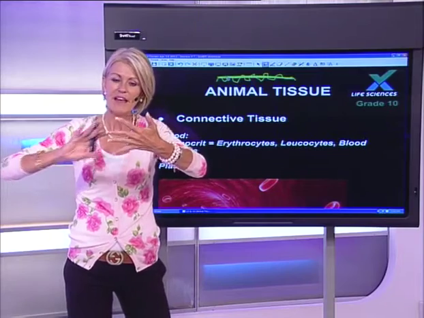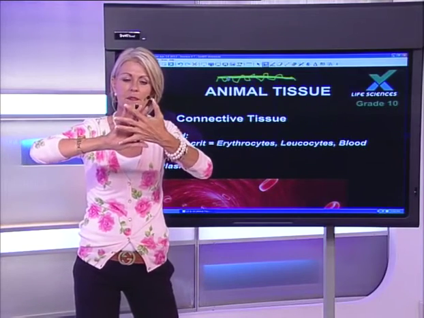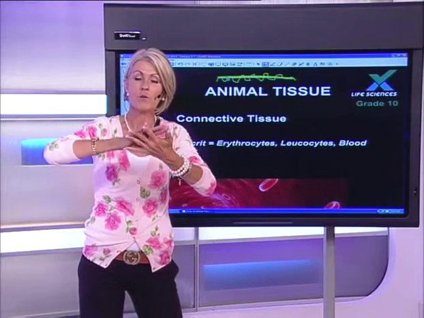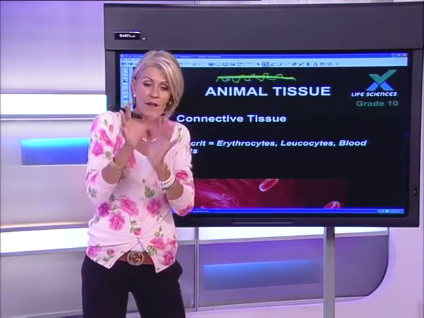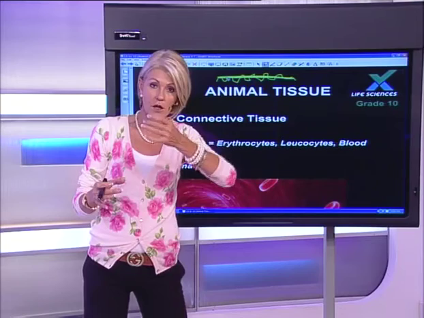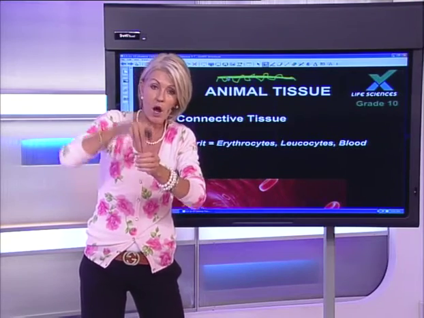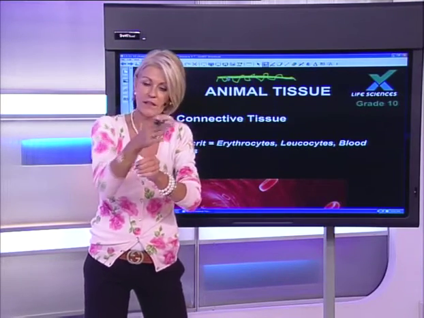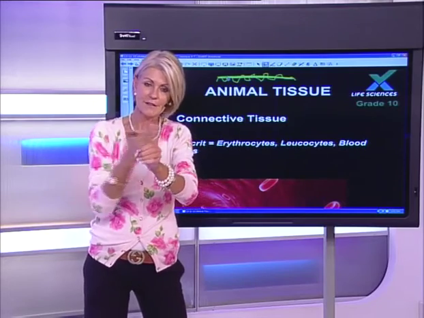It's the network and the structures. So your matrix would be formed by the lamella, which are the membranes. Within those membranes, you're going to have your lacuna with the osteocytes, the little cells in it, and then your little canaliculi, which connect the different osteocytes together.